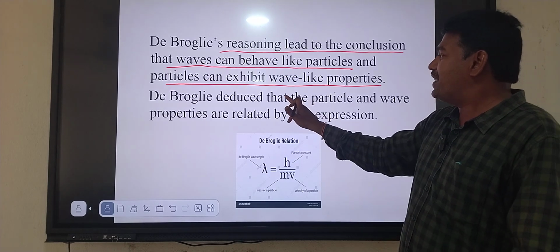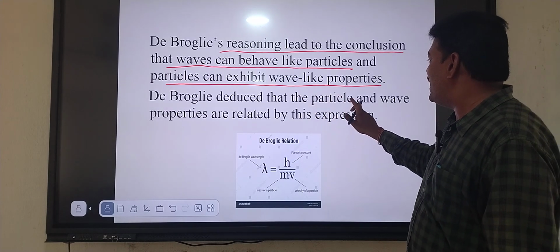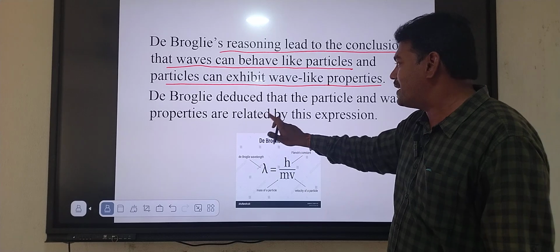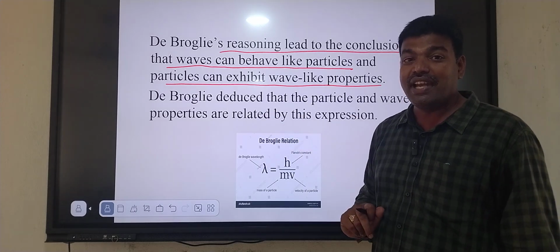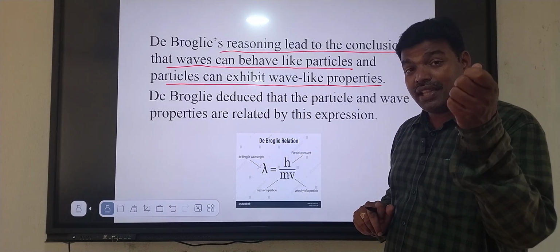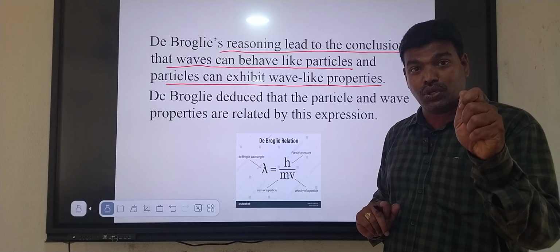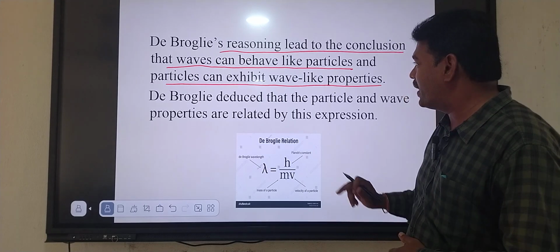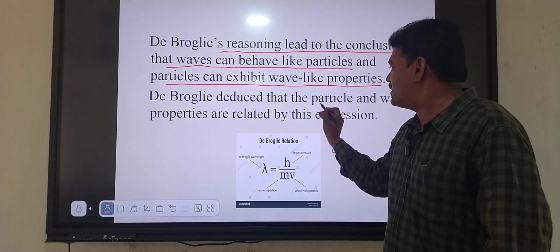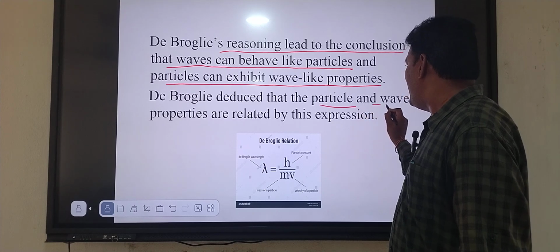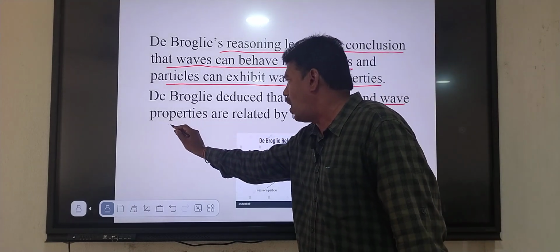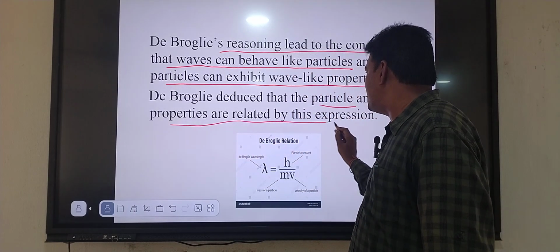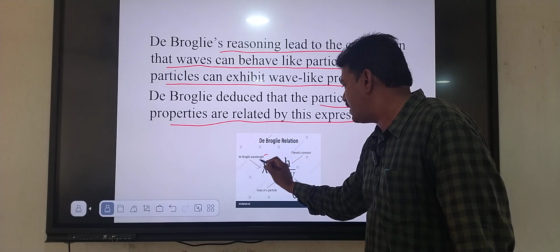And de Broglie deduced that the particle and wave properties are related by this expression. This is another important point that should be kept in your mind. What is this expression?